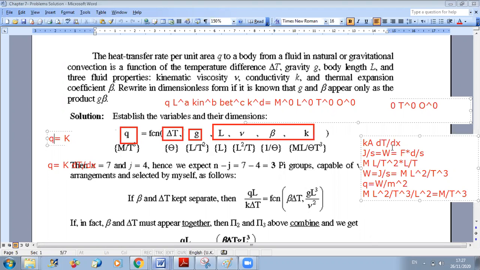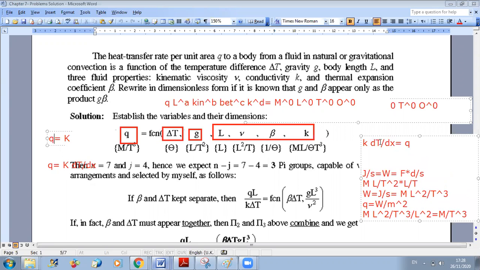And now, if you forgot what is the dimension of K, all you have to do is to say that Q represents, because it's per unit area, so I can cancel A from here, and put this equal to Q. It will have the same dimension of Q. So now, what will be the dimension of K? It's the dimension of Q times the dimension of X, which is L, over the dimension of temperature, which is theta.